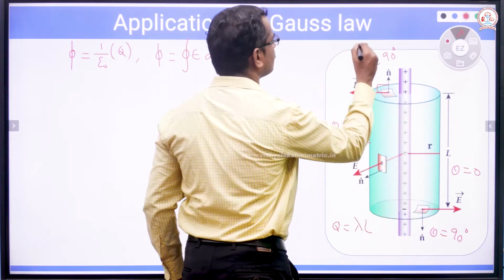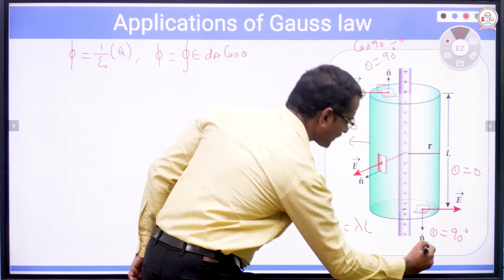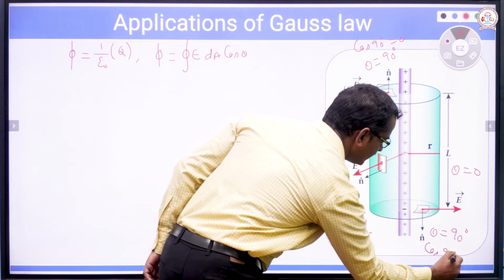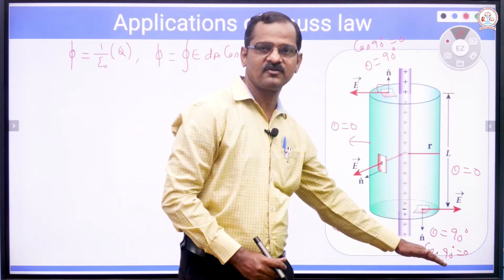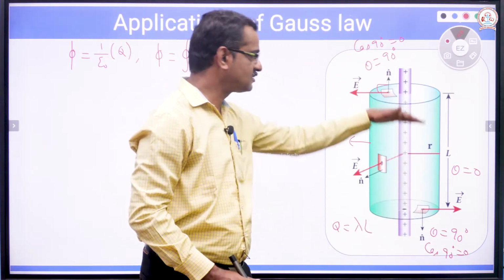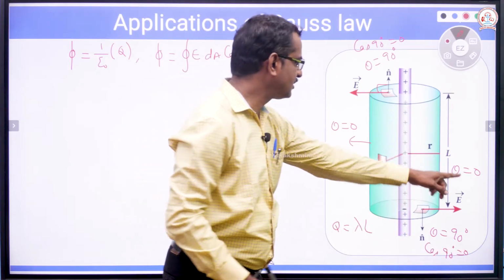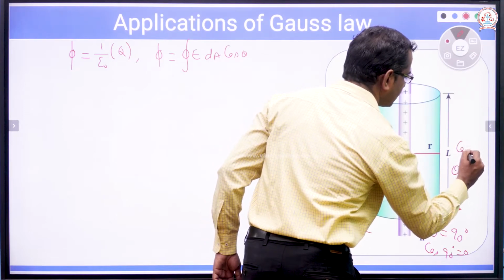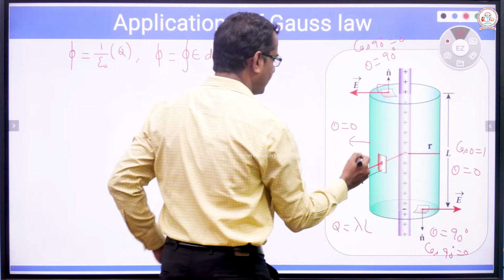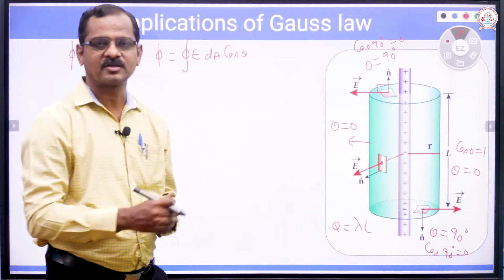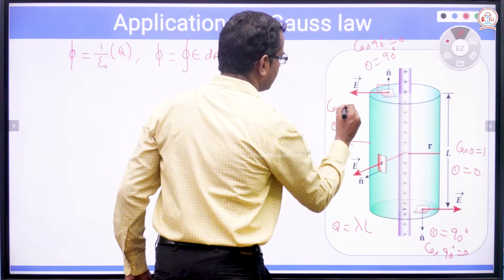Cos 90 degree is equal to 0. So these two parts of the electric flux we are omitting, because cos 90 is equal to 0. On the curved surface area, wherever the electric field acts normally, theta will be 0, and cos 0 is equal to 1.